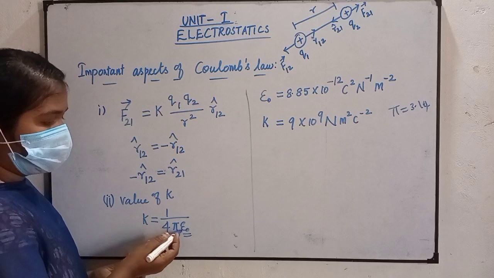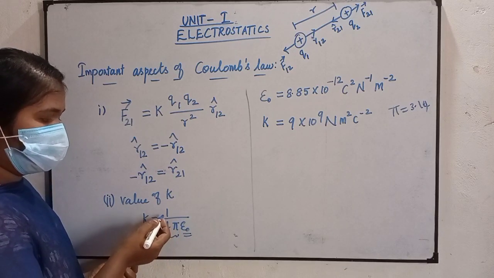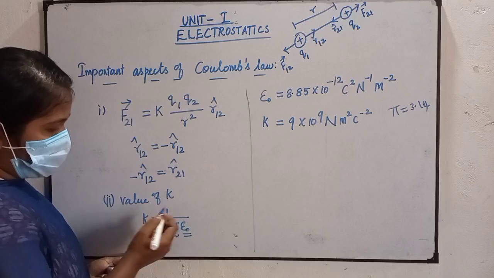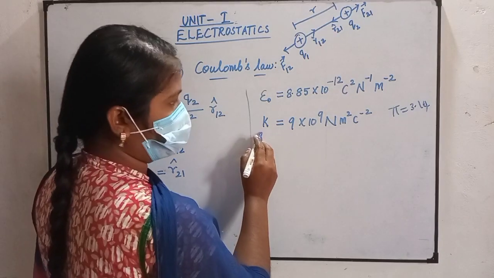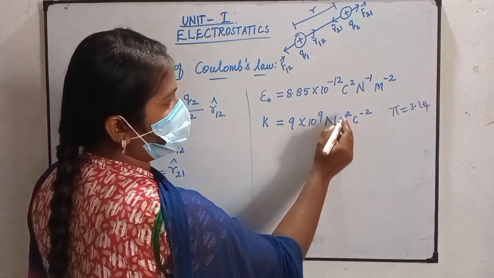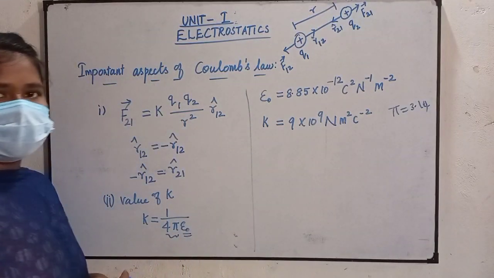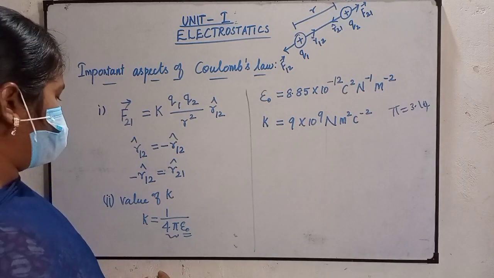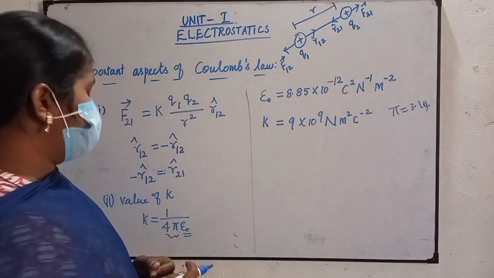Substituting all the values, multiplying and dividing, we get K as 9 into 10 to the power 9 Newton meter square per Coulomb square. This is the second aspect.